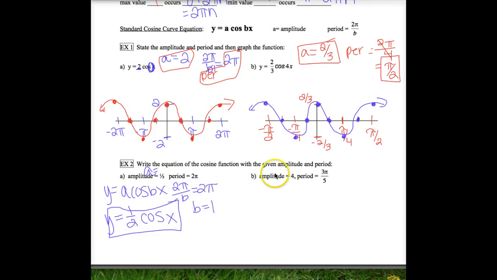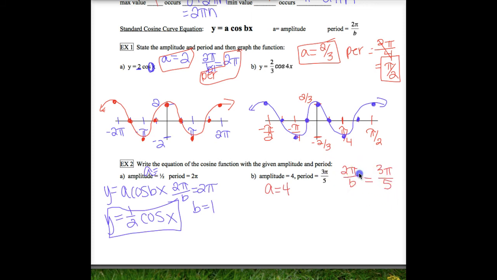All right, last one. So amplitude is 4, so A is 4. It says the period is 3 pi over 5. So this one you're probably going to have to write out. Do 2 pi over B equals 3 pi over 5, because 2 pi over B is equal to our period. Just like yesterday, I said that when they're both fractions, it's probably easier to solve this as a proportion.